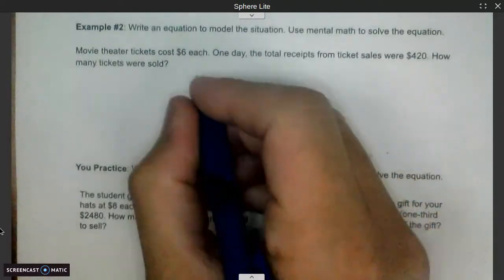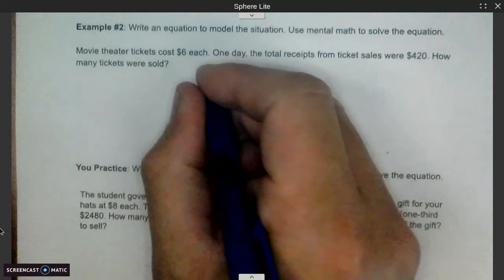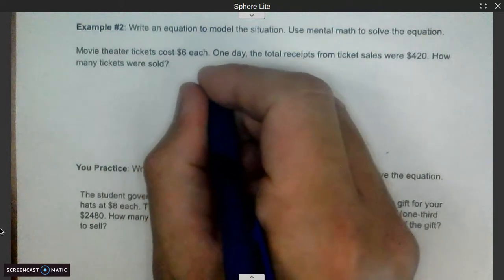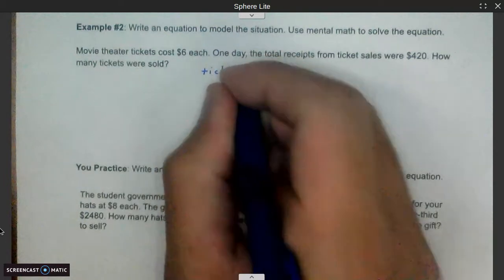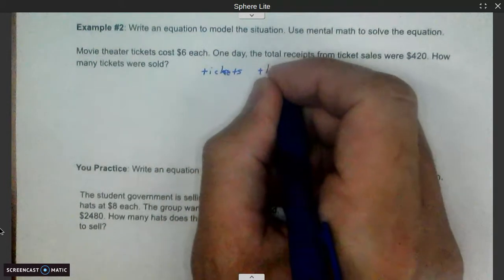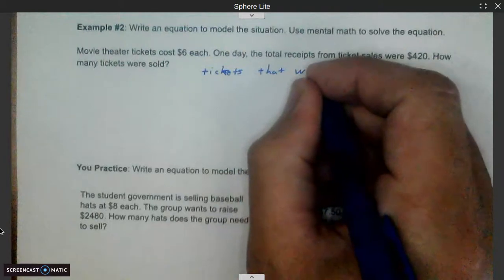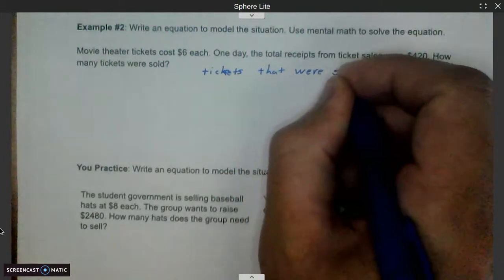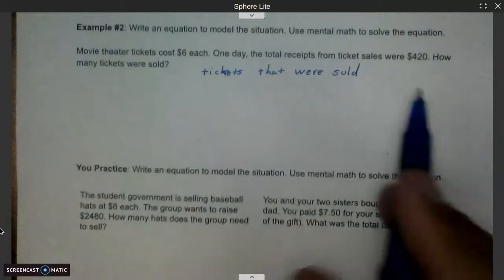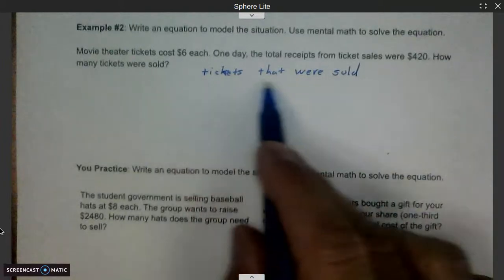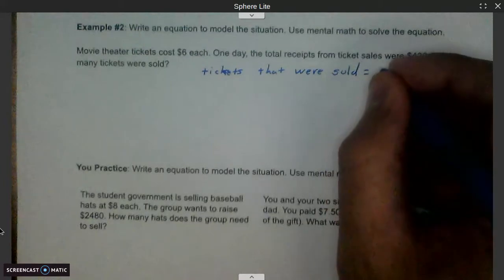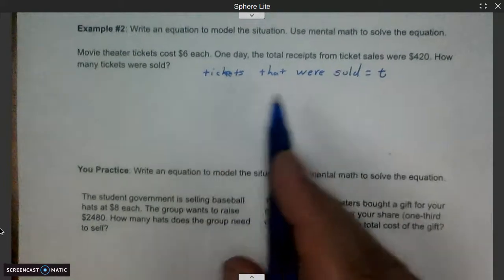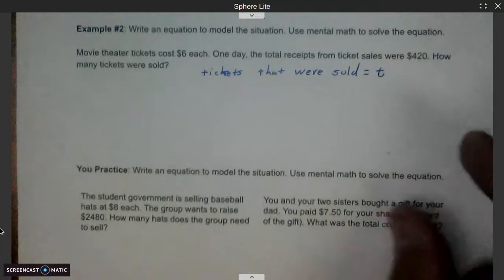I'm looking for how many tickets were sold. If we're going to write an equation, we want a variable that represents tickets that were sold. You could use x. Since I'm using tickets, I'm going to go with a T. So tickets that were sold equals T.